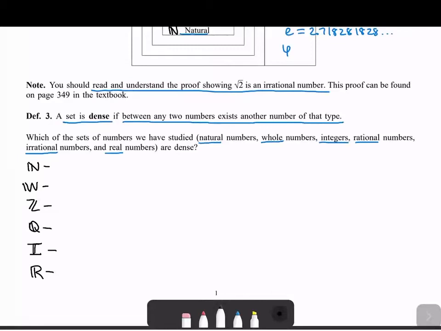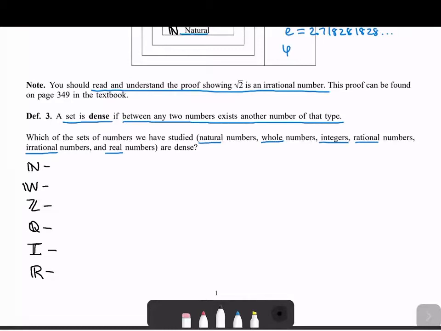So when we're thinking about the naturals being dense, remember that if we use our list notation for natural numbers, the list of natural numbers is 1, 2, 3, 4, 5, 6, 7, and so on, right? The smallest two numbers that are natural numbers are 1 and 2. So let's just look at 1 and 2. So is there a natural number between 1 and 2?